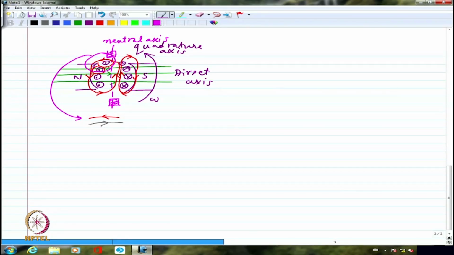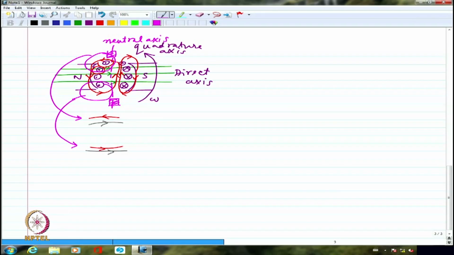Okay? Whereas, if I look at this portion, I can say I am having the main field flux like this, and the armature flux is also like this. So this is the portion that I am talking about, which I have enlarged. Are you getting my point? So at some point, the main field flux is directly opposed by the armature flux.